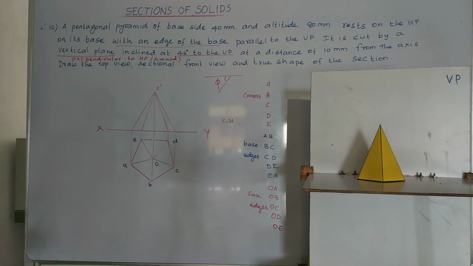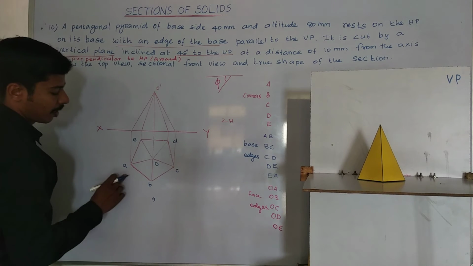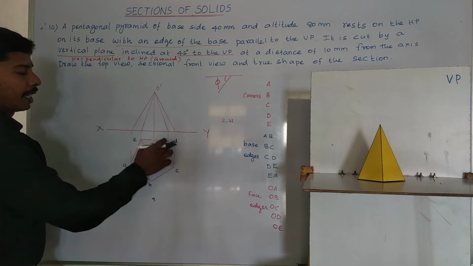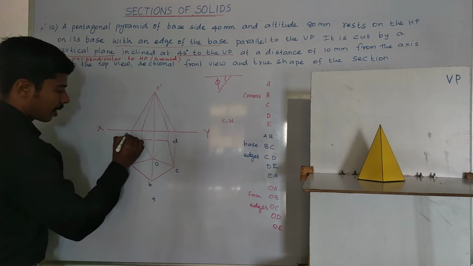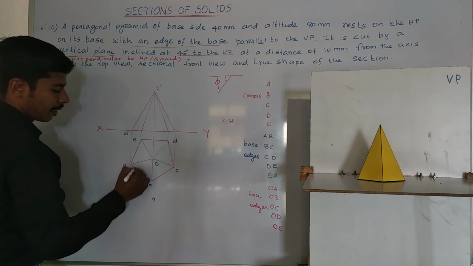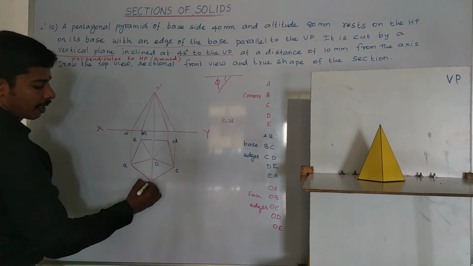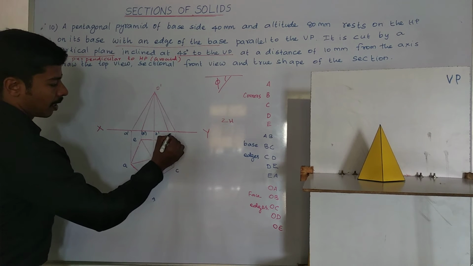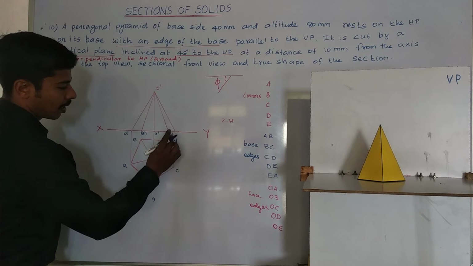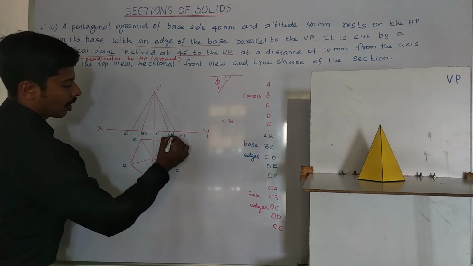Now see the visibility. Looking from here, A, B, C are visible, E and D are hidden. So here is A dash, this point is E dash which is hidden, this point is B dash, C dash, and D dash is also hidden.